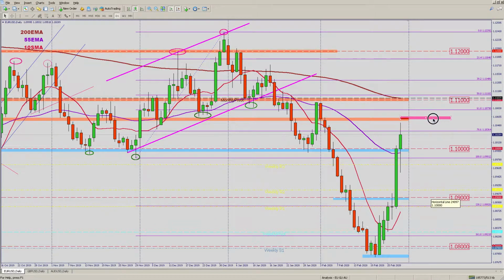It's actually at this level, so we don't need it for now. Alright, and there could be some consolidation first in the beginning of the week, before it attempts to break through this resistance zone.